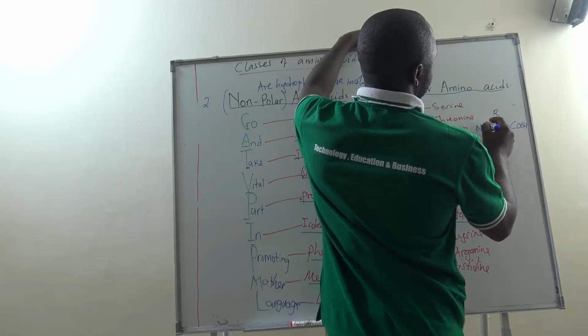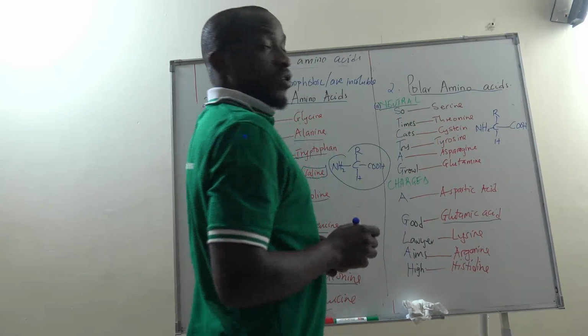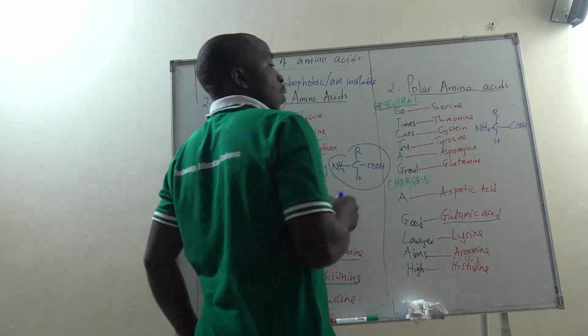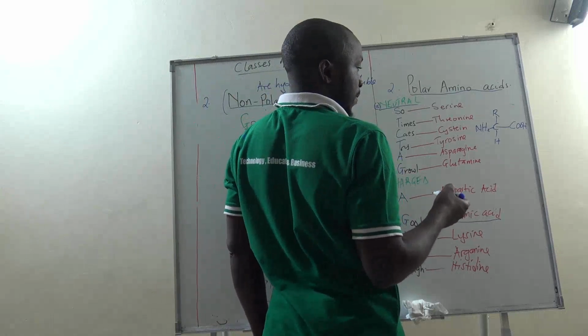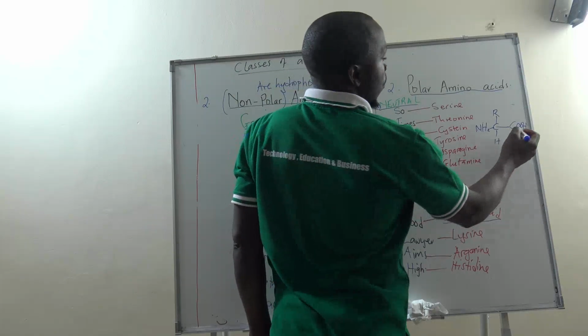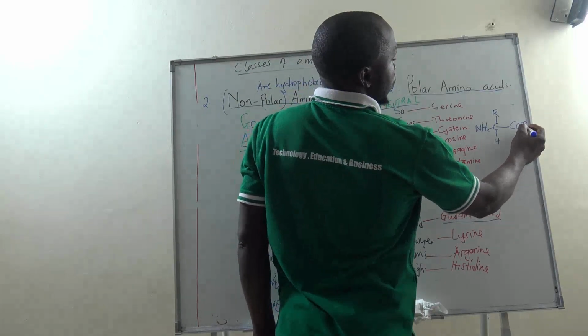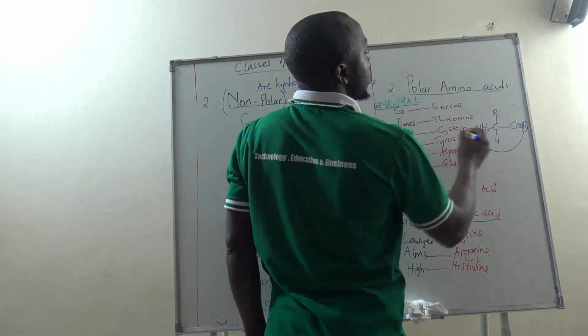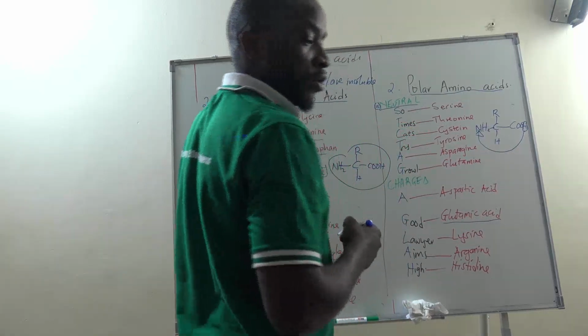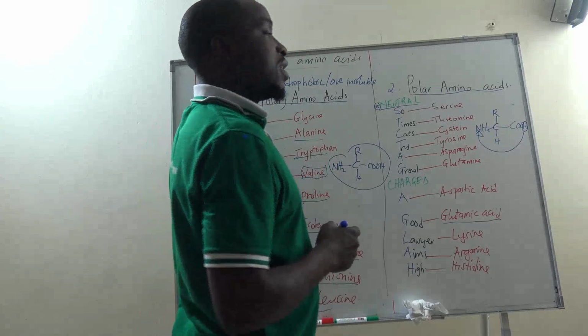When an amino acid is like that, and you dissolve it in water, why does it become neutral, not even acidic? This acidic group loses the proton and the basic group absorbs the proton. So they end up being neutral.